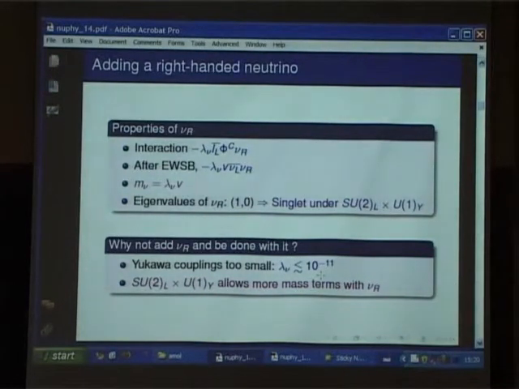Second reason, which we will come to now, is that the standard model doesn't allow you to do anything. You are restricted. Mostly everything should be invariant under SU2 and U1. And the second condition is that anything which is invariant under SU2 and U1 should be present. So you have to have all terms which are compulsory, and any term that is possible to have, you have to have.